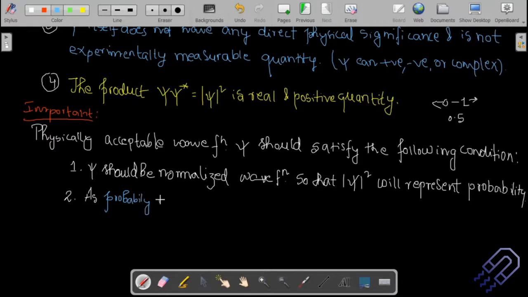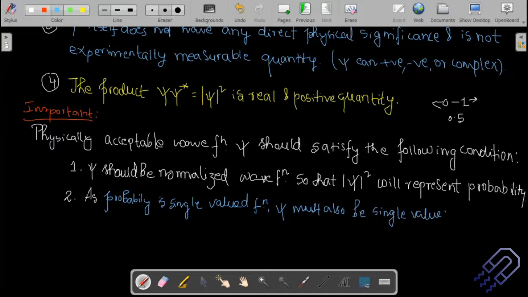There is only one probability that you actually calculate, so probability is a single valued function. ये जो wave function है, psi must also be a single valued function at every point in space.